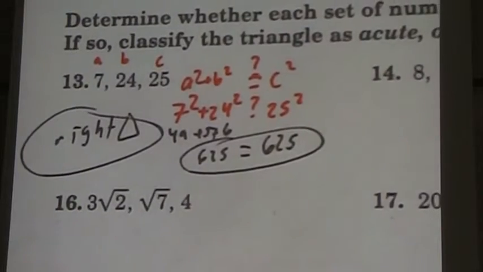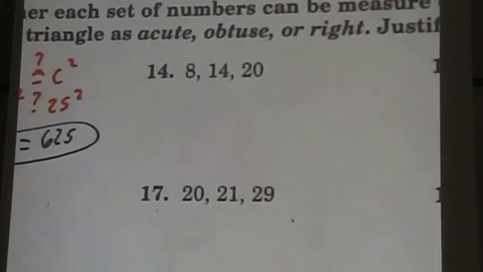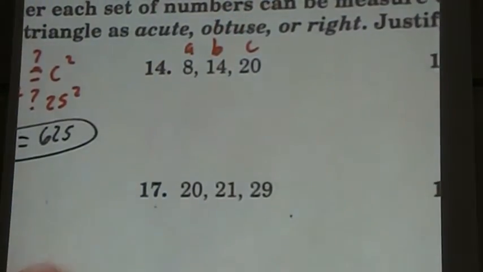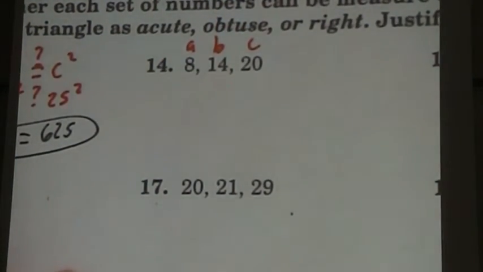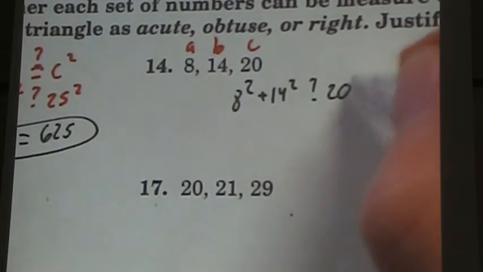Let's check our next guy. We got 8, 14, and 20. The two smaller guys definitely add up to bigger than the bigger guy. This is our C and B. So A squared plus B squared equals, question mark, C squared.